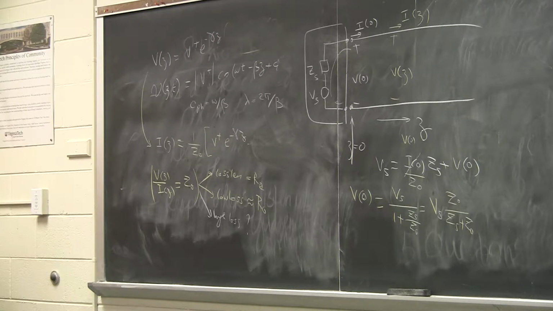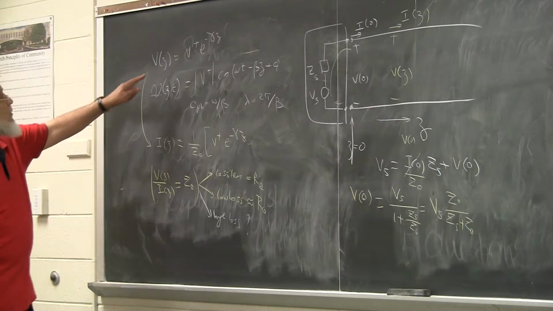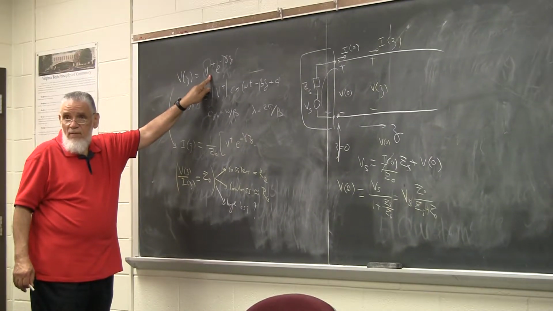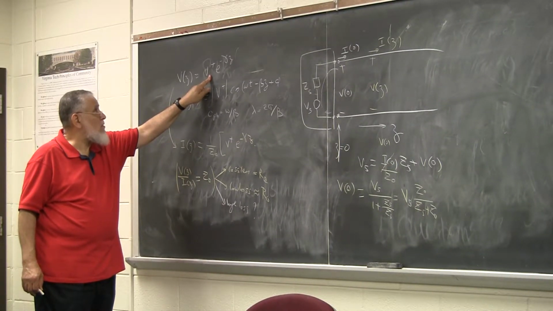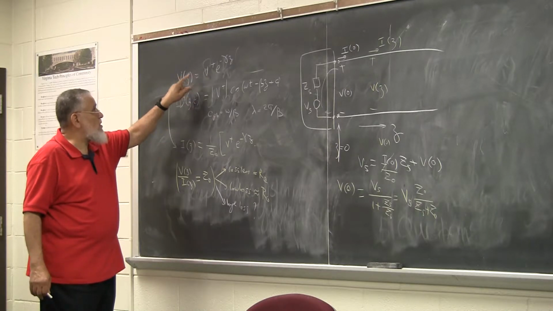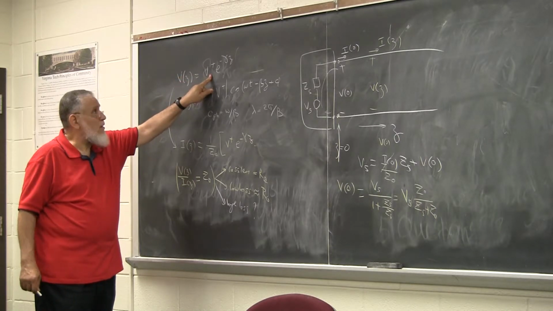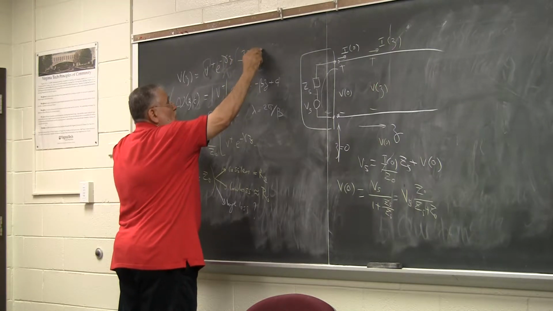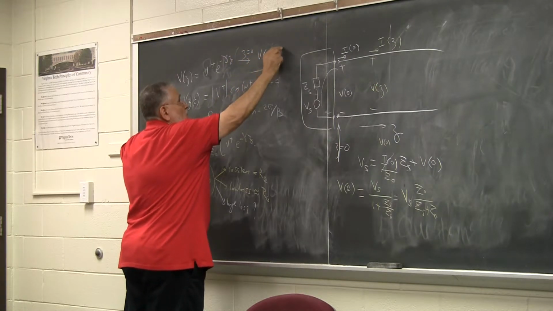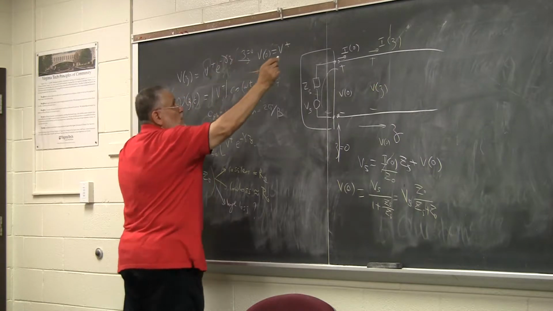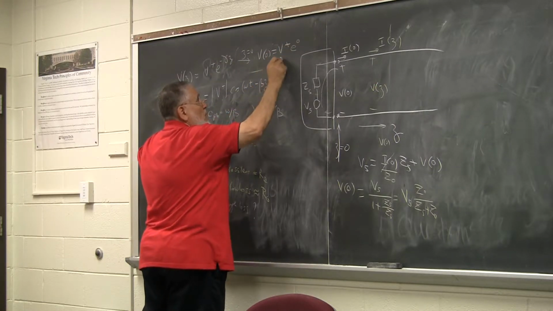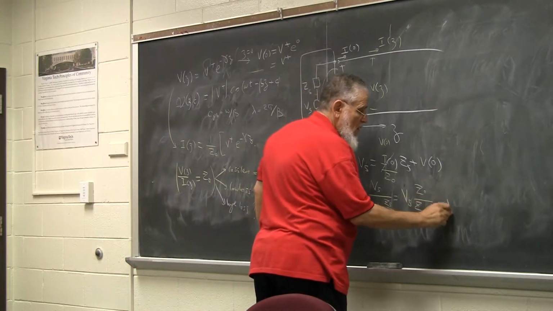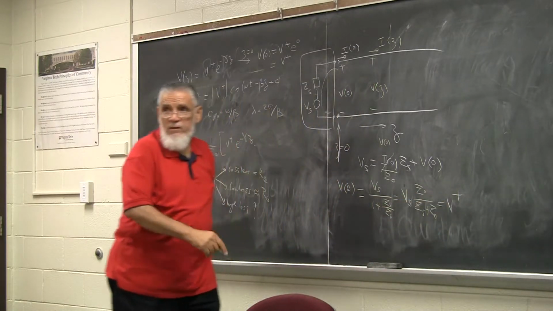I get V of 0. If I have V of 0, can I get V plus? Well, looks like it's straightforward because V of 0 is equal to V plus, right there. So if I put Z equals 0 here, I get V of 0 is equal to V plus e to the 0, which is V plus. So I got my V plus.